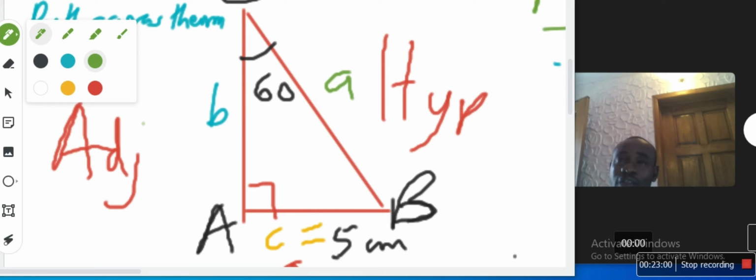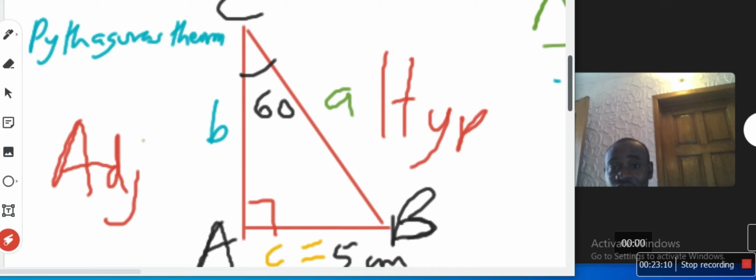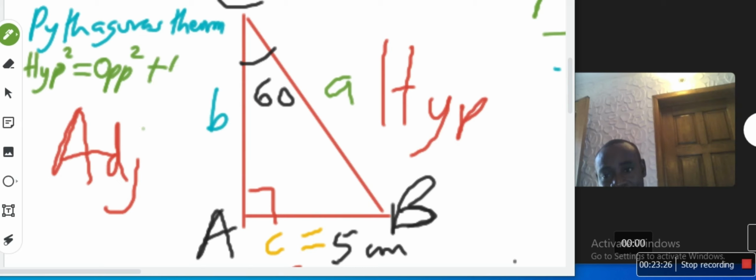In the way they gave it to you, C happened to be the longest side. So first of all it is the longest side squared. In this case, which one is the longest side? A. That's the hypotenuse squared. I can just say hypotenuse squared is equal to opposite squared plus adjacent squared.